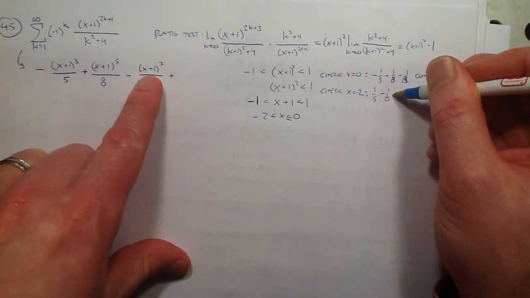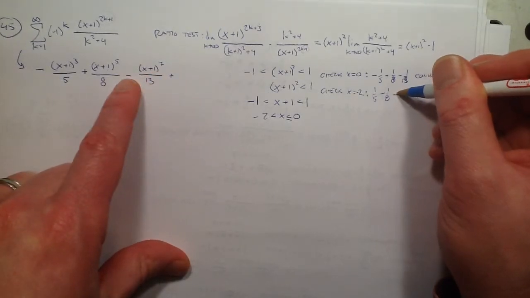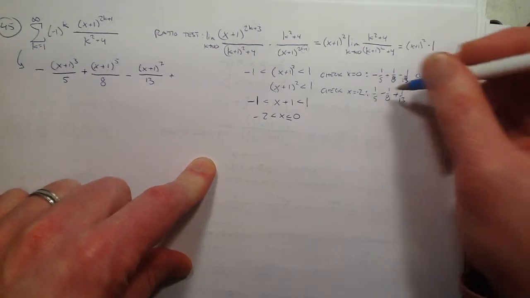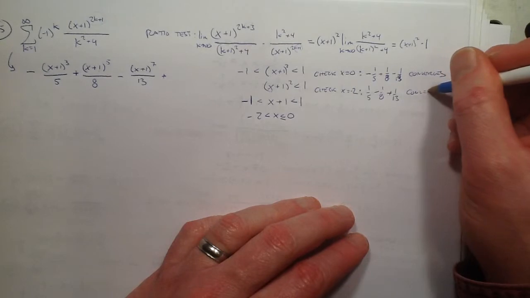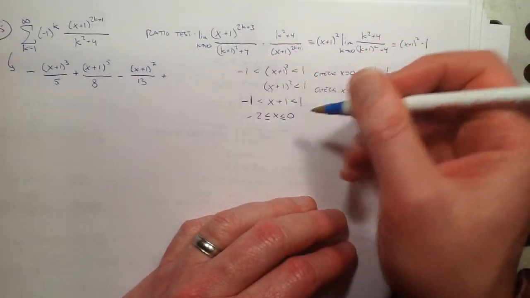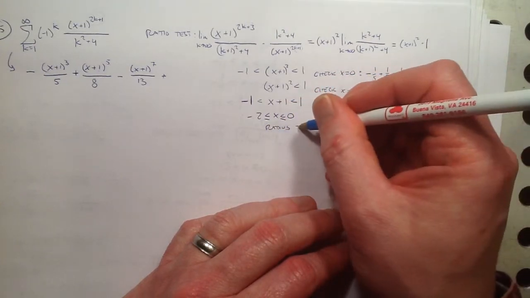And when I raise negative 1 to the 7th power, it's going to be negative, and that makes it positive. So I get just the opposite alternating series, but it's still alternating and the terms are still going to 0. So it does still converge there. And the radius of convergence is 1.